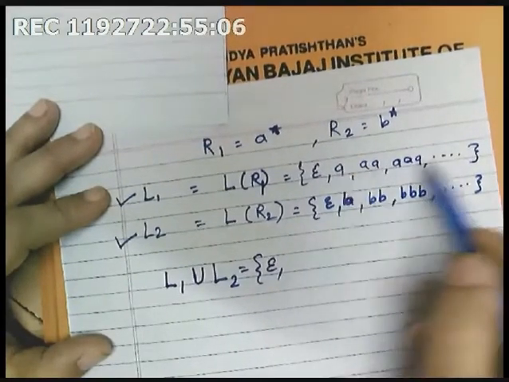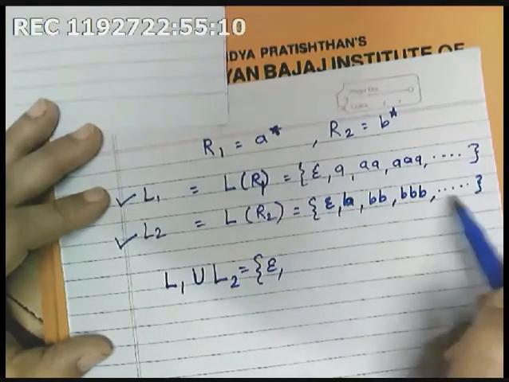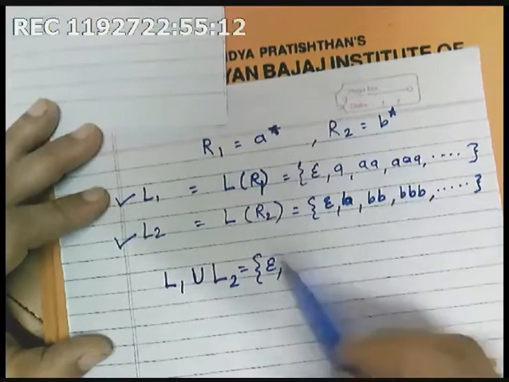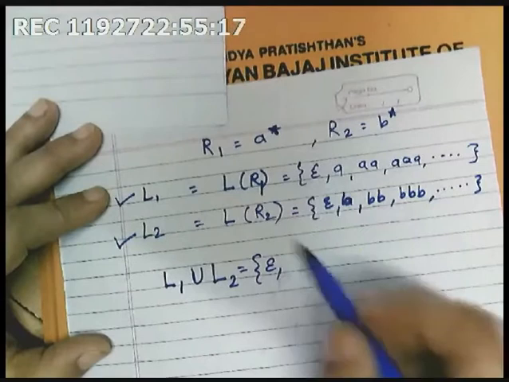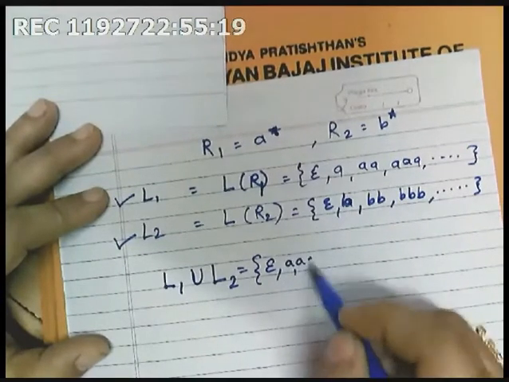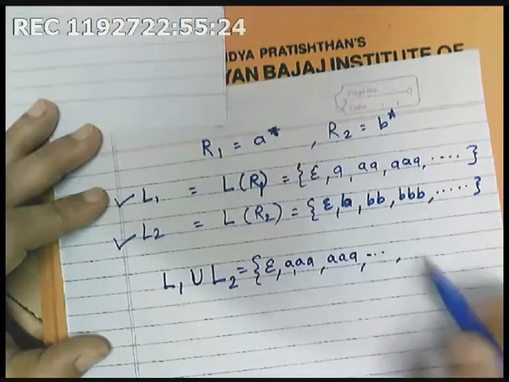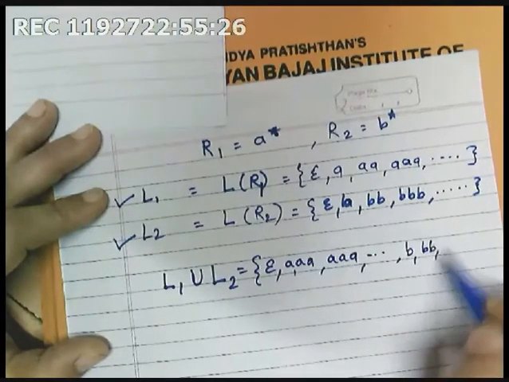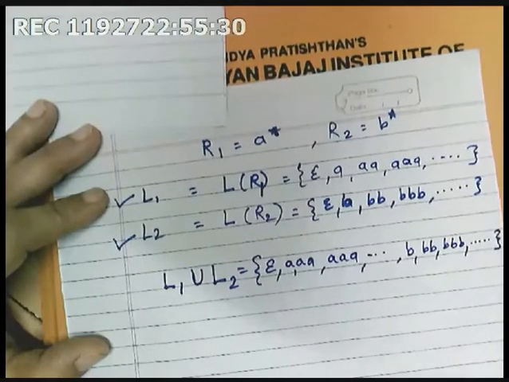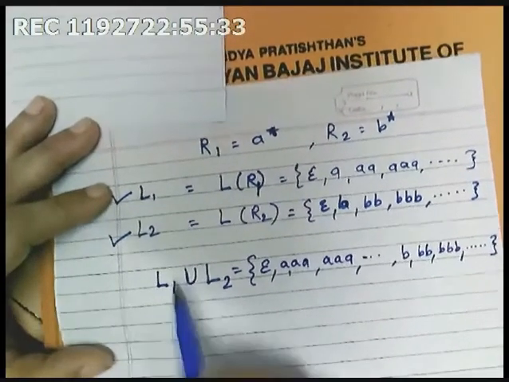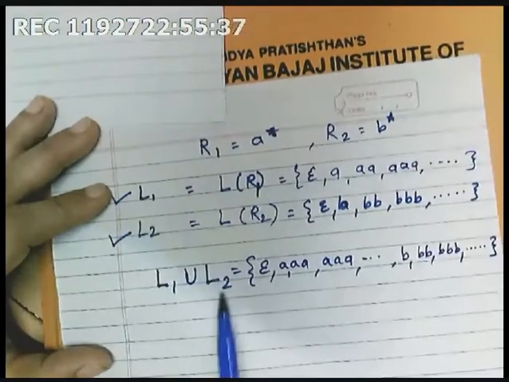All the strings here and all the strings in this set both will be in the resultant union set. Agree? So empty is common. So all A, AA, and so on, B, BB, BBB, and so on. So this will be my resultant set of L1 union L2.